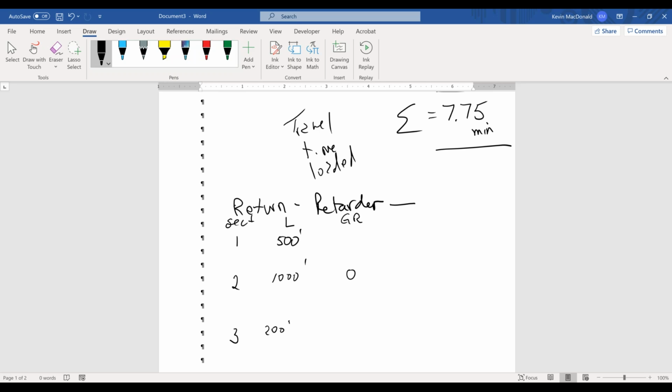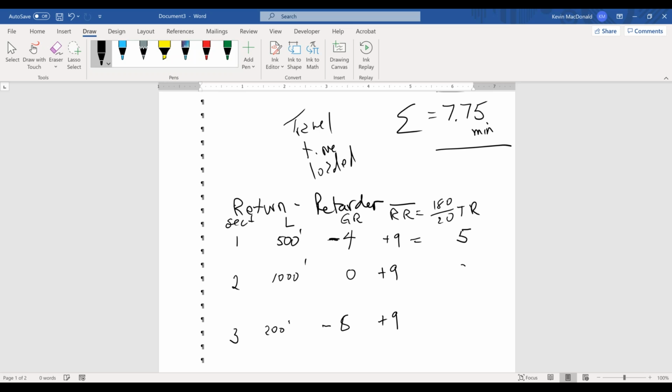Now we have assisting slopes. Section 1 is -4, and section 3 is -8, because now we're going downhill. Our rolling resistance is still equal to 180 divided by 20, which is +9 for each section.